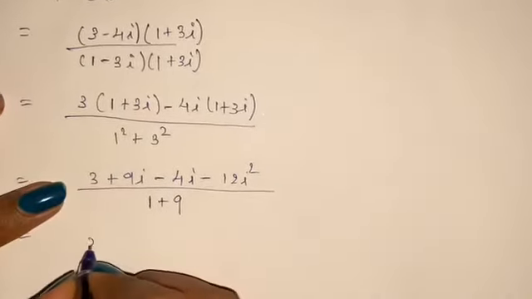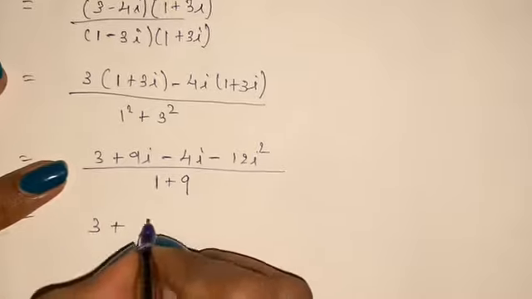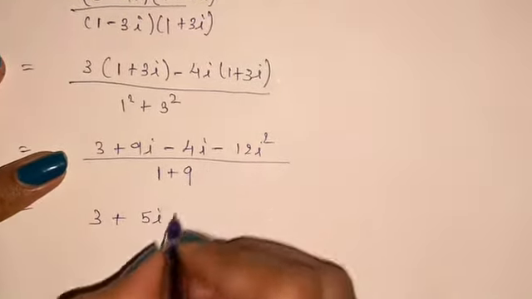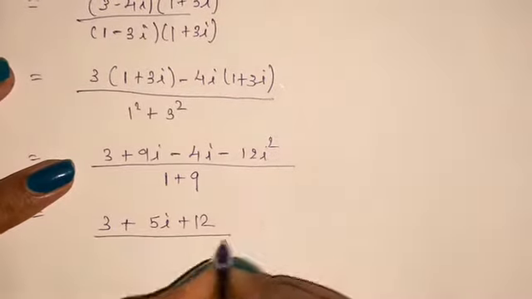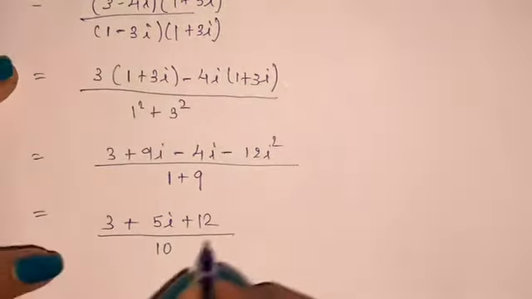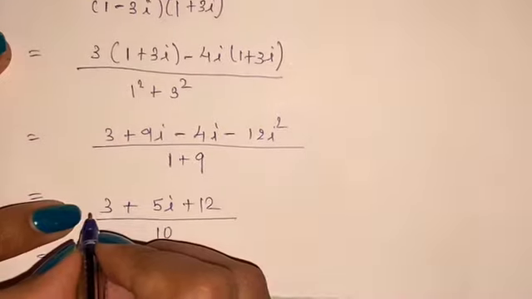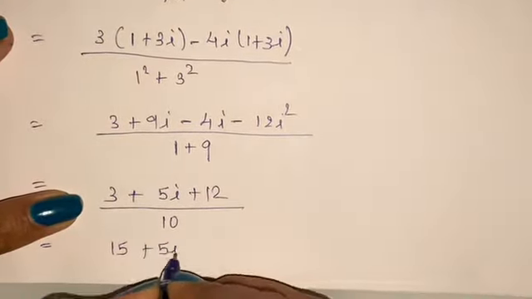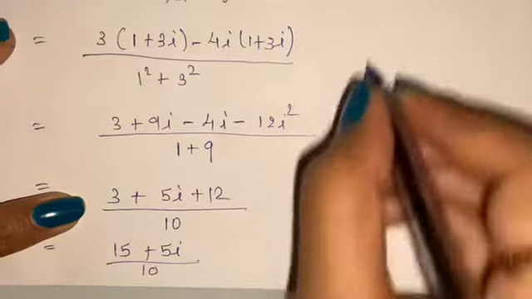You will get 3. 9i minus 4i, that is plus 5i. This is i squared, minus 1, so plus 12, by 10, is equal to 12 plus 3. You will get (15 plus 5i), the whole divided by 10.